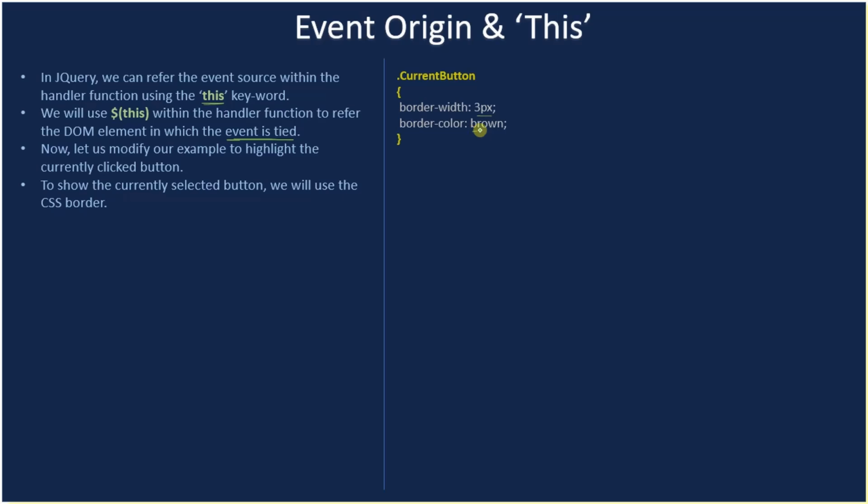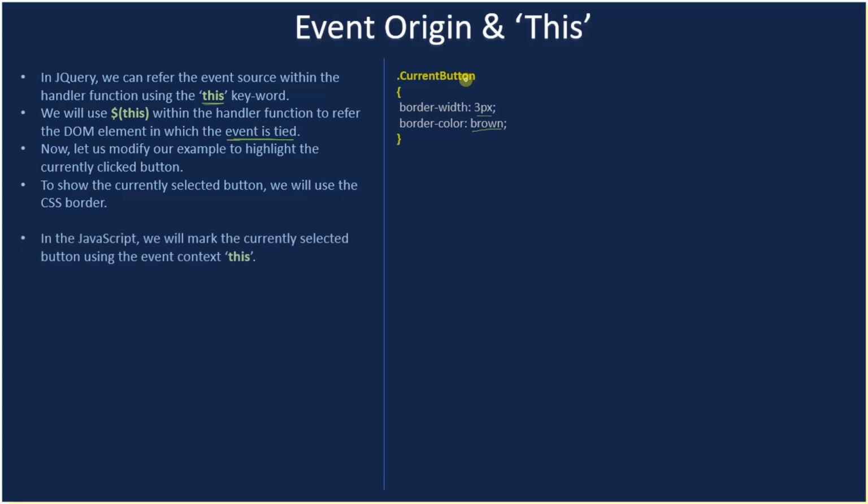So if you apply this to a button, a border will be placed. If you apply it to the paragraph, a border will be placed around the paragraph. But in this example, we are going to apply this currentButton class attribute to the button so that the currently selected button will get highlighted. It will be useful for the user to know the current text decoration style that is applied to the document.